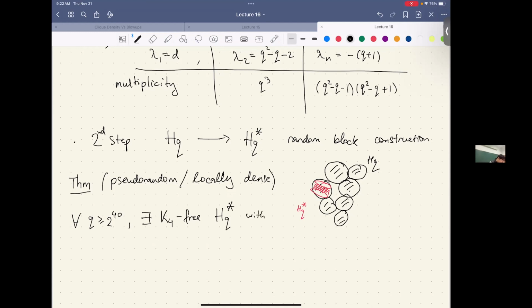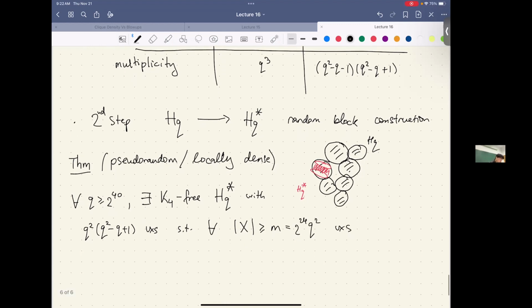It has Q squared minus Q plus 1 vertices, such that for every set X of at least M equal to 2 to the 20, roughly Q squared vertices, the number of edges induced on X is at least X squared over some constant, which doesn't matter, over Q.